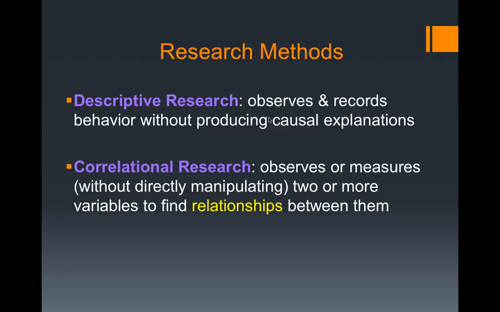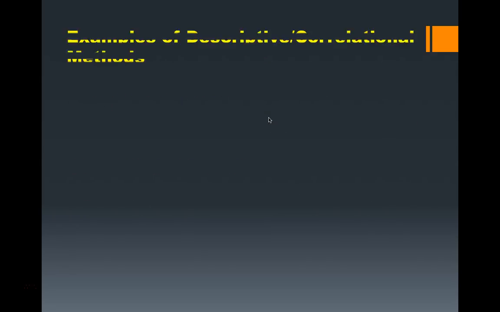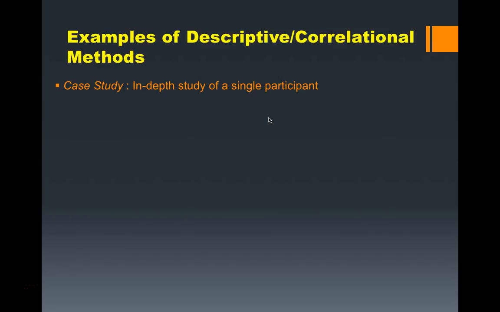Does the presence of one tend to be associated with the absence of the other, or the presence of the other, and things like that? Correlational research allows us to learn about the relationships between variables. So descriptive and correlational methods, there are a number of them.